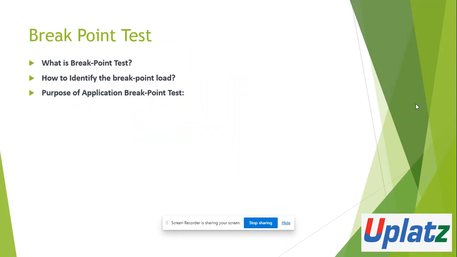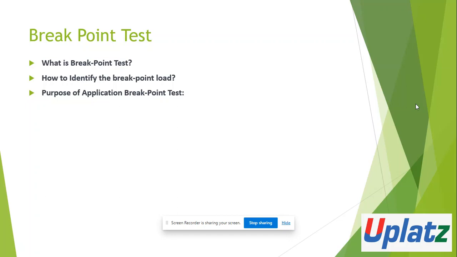What is a breakpoint test? By hearing the name, you might have some idea that it relates to the breaking point of the application. Am I correct?